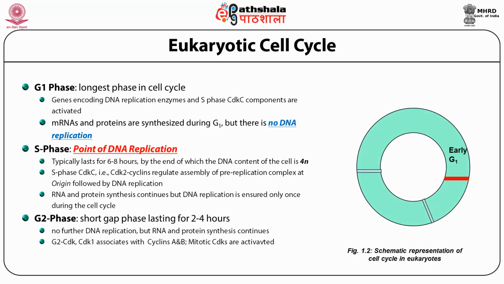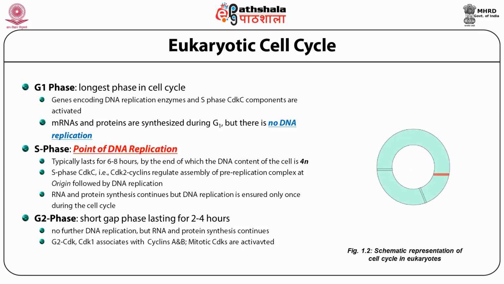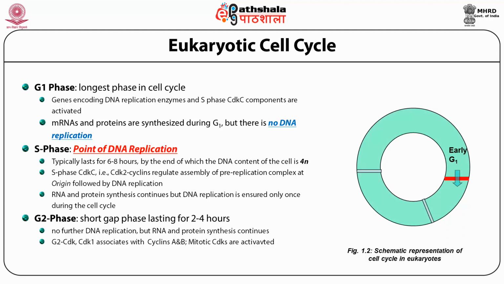As such, replication must occur only at a definitive point of time and not throughout the cell cycle. During the early part of the cell cycle, which is known as the G1 phase, only the pre-replication complex enzymes are synthesized. RNA, mRNA and protein synthesis occurs throughout the G1 phase, but there is no DNA replication.